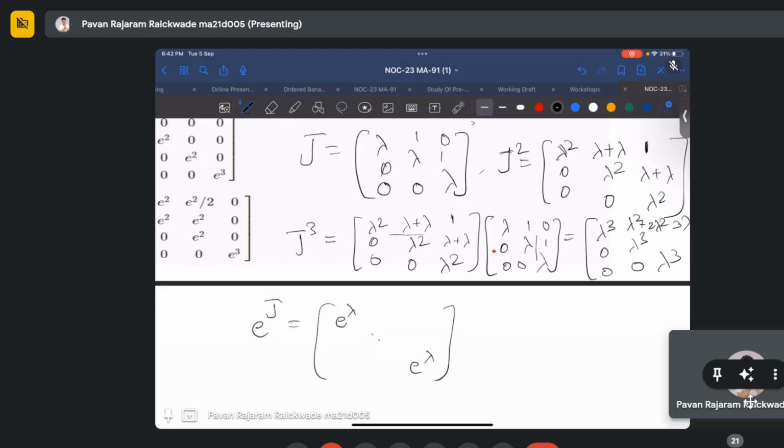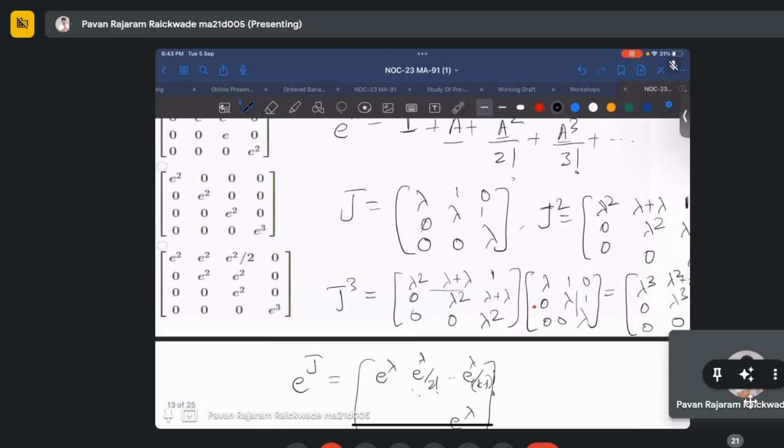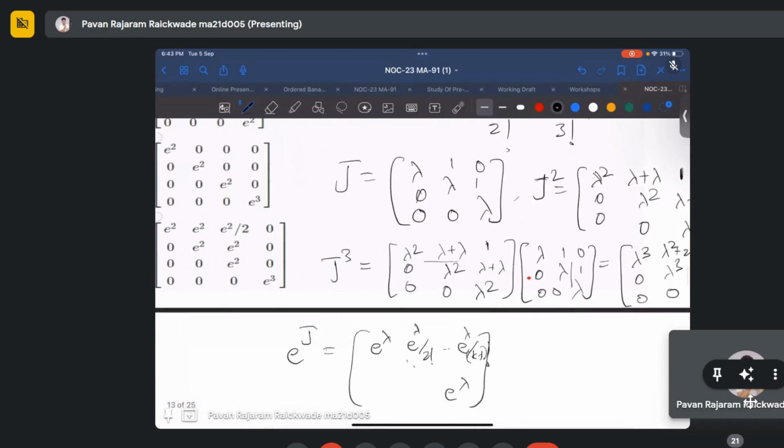Sir, if there is a k by k block, then in the first row, e to the power lambda, next element e to the power lambda, and e to the power lambda upon factorial 2, and the last one e to the power lambda upon factorial k minus 1. Because our Jordan block is 3 cross 3, and then 3 is 1 cross 1.